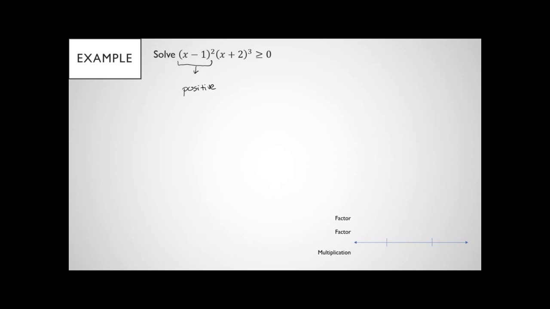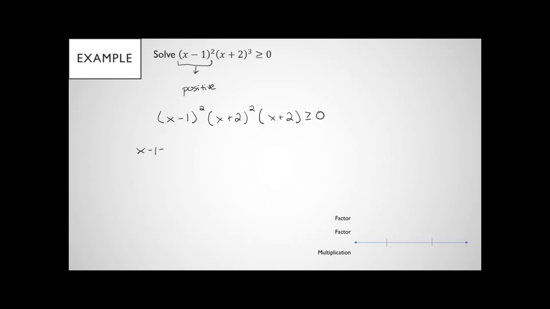So for a trick, if you can group them in pairs, that means if I have something cubed, I can group it as a square and then have one left over. Anything that has an even exponent is going to be positive all the time. All of your factors are going to be positive.